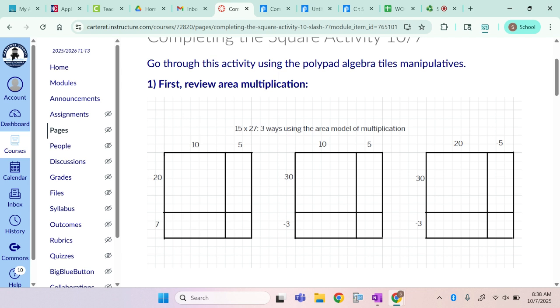300 plus 150 is 450. Minus 30 is 420. Minus 15 is 405. Then the last one, this is 600. This is negative 150.